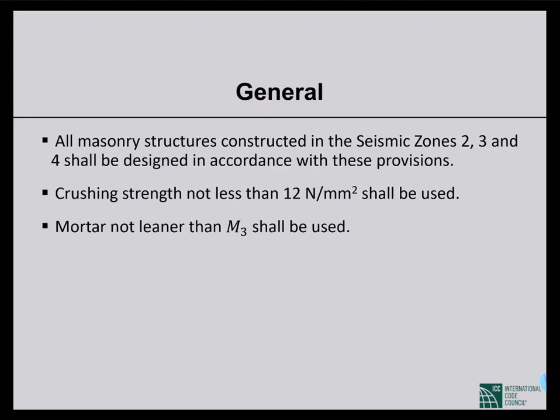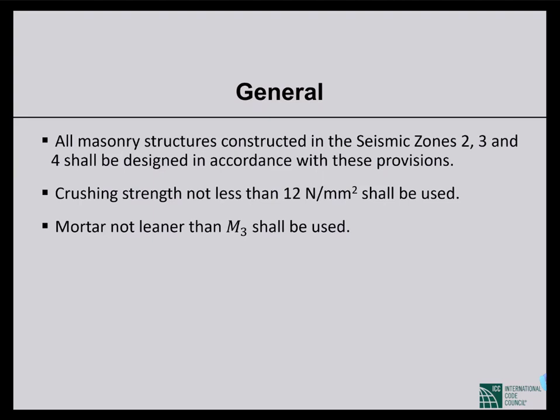Number 1, FM prime cannot be less than 10 megapascal. Remember, for shear wall, we mentioned that FM prime cannot be less than 7 megapascal, but for earthquake resistant design, FM prime cannot be less than 12 megapascal. This is somewhat similar to earthquake resistant design of concrete, where the concrete strength cannot be less than 3000 psi, 21 megapascal.